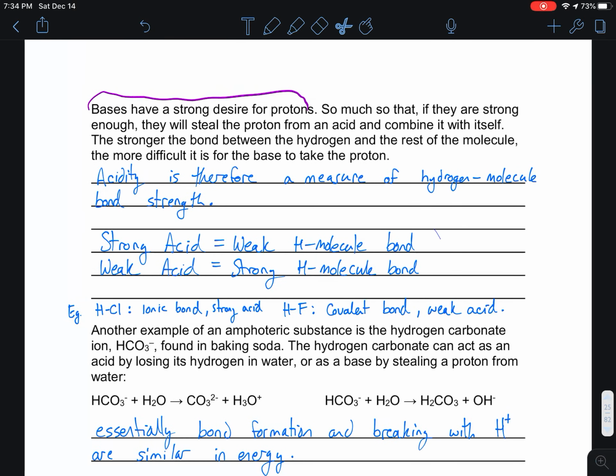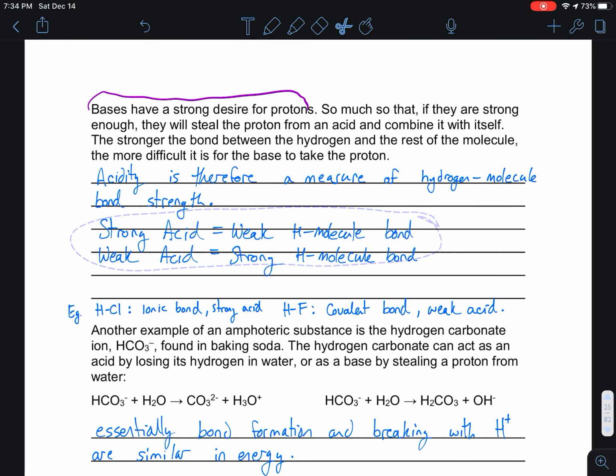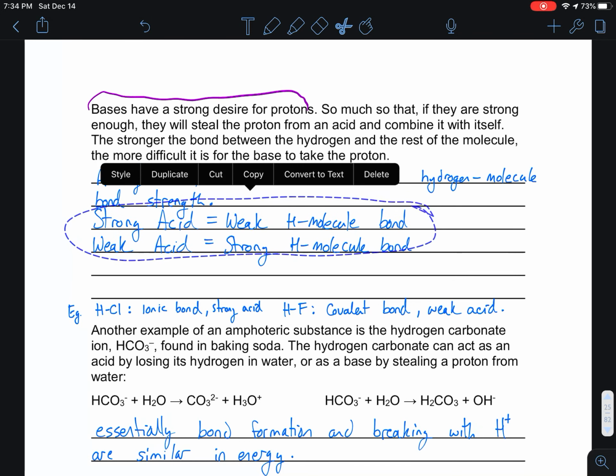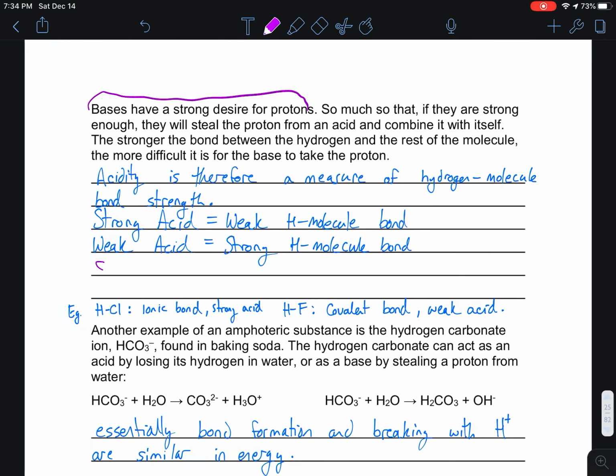And we should actually say that a base here, let's add one more line here that says that a strong base, by the same token, is something that makes very strong H molecule bonds.